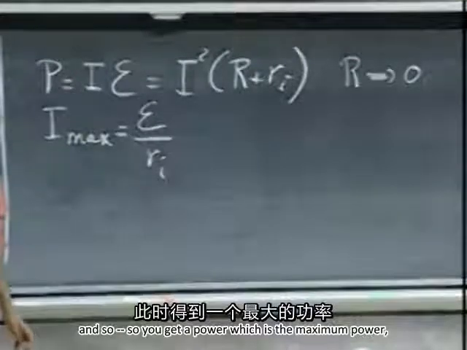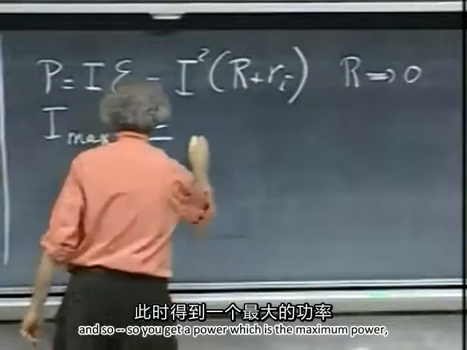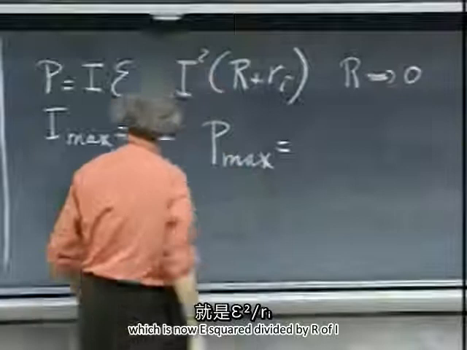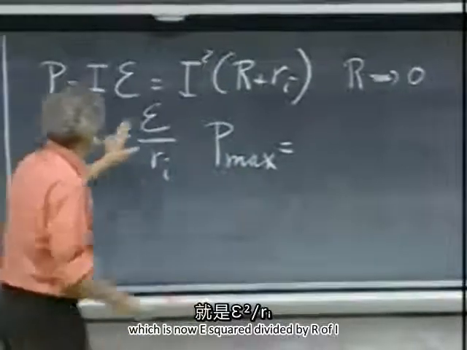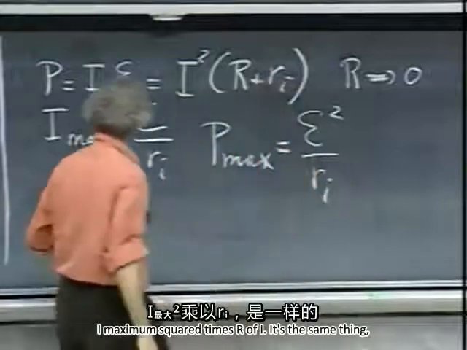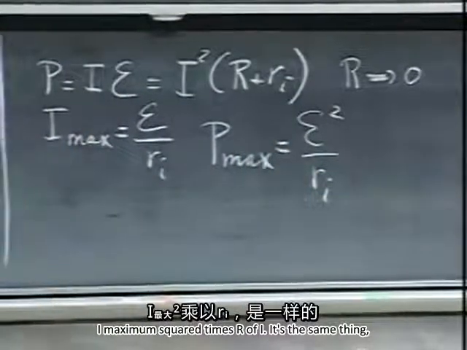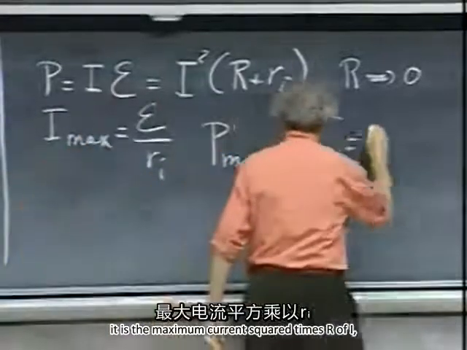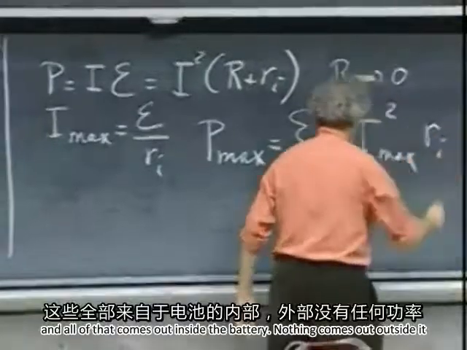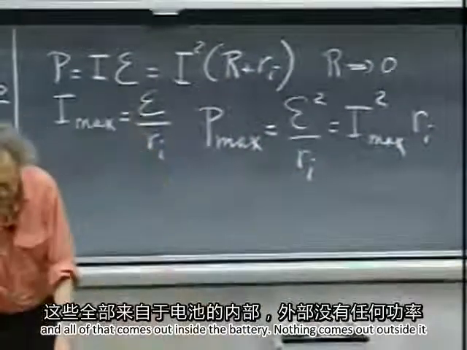And so you get a power, which is the maximum power, which is now E squared divided by R of I. I maximum squared times R of I. That's the same thing. It is the maximum current squared times R of I, and all of that comes out inside the battery. Nothing comes out outside it.